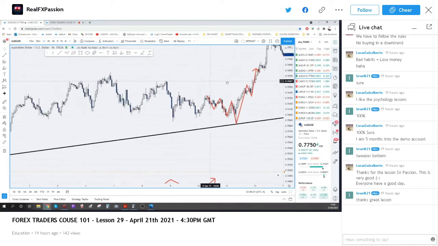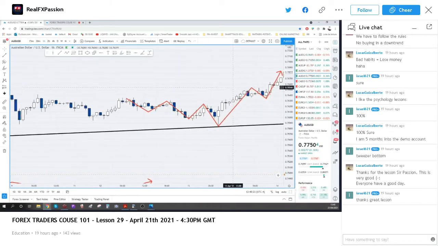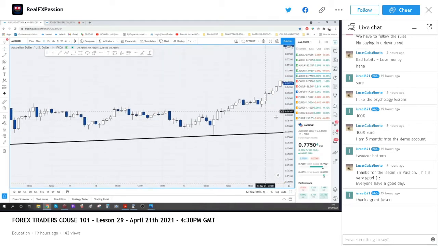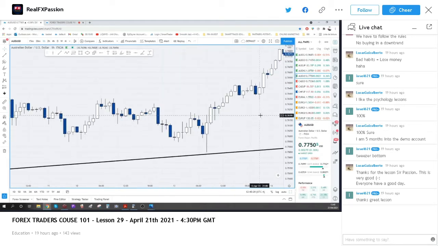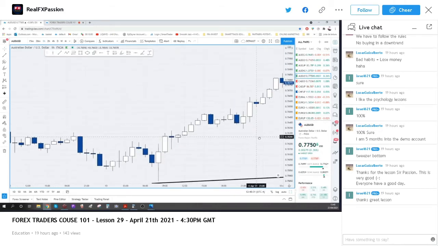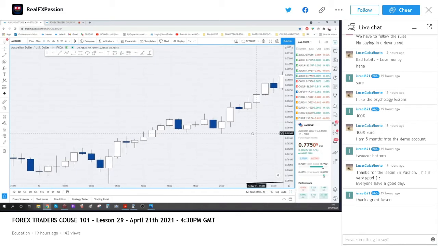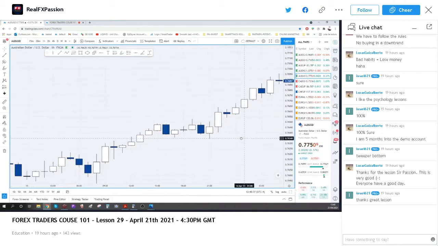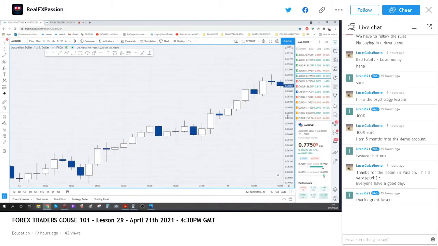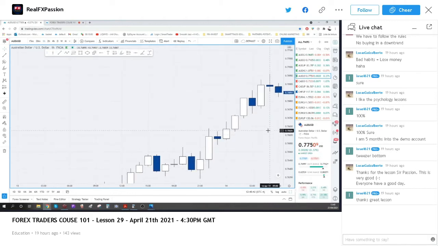So this is the chart right now, okay? Now, the market's making higher highs, higher lows. And I'm going to zoom in, zoom in, zoom in. And here we have 1, 2, the next candle, next candle. So I'm going to zoom in, everybody.